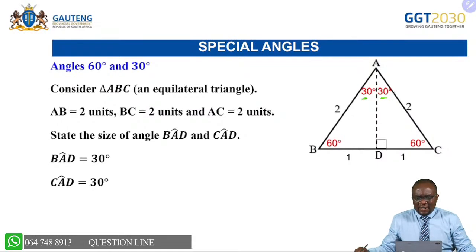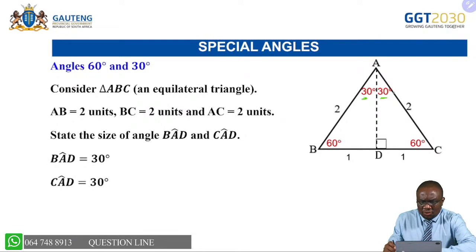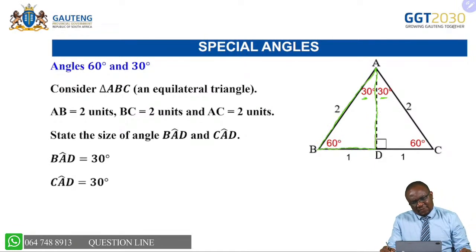Okay? Right, we have our angles now. So, let's look at one right angle triangle. Let's check this one. There's something missing here. Let's look at our angle 60 degrees. Do we have a side adjacent to angle 60 degrees? What is that side? It's BD, which is 1, isn't it?